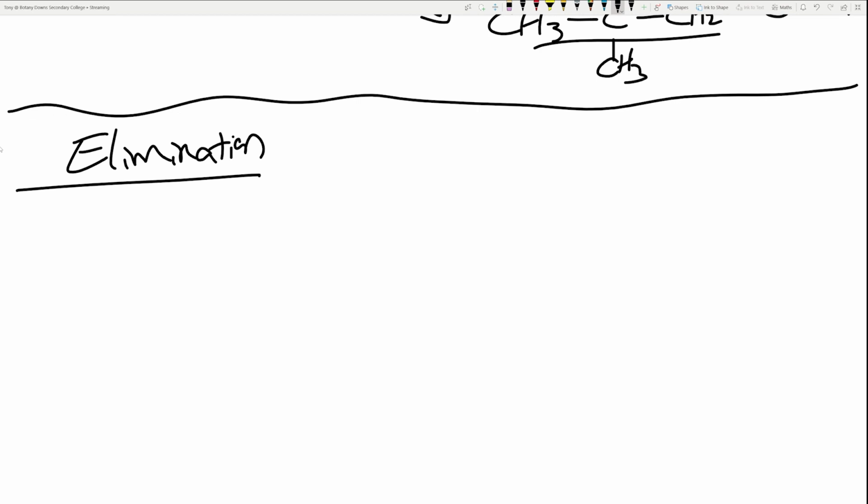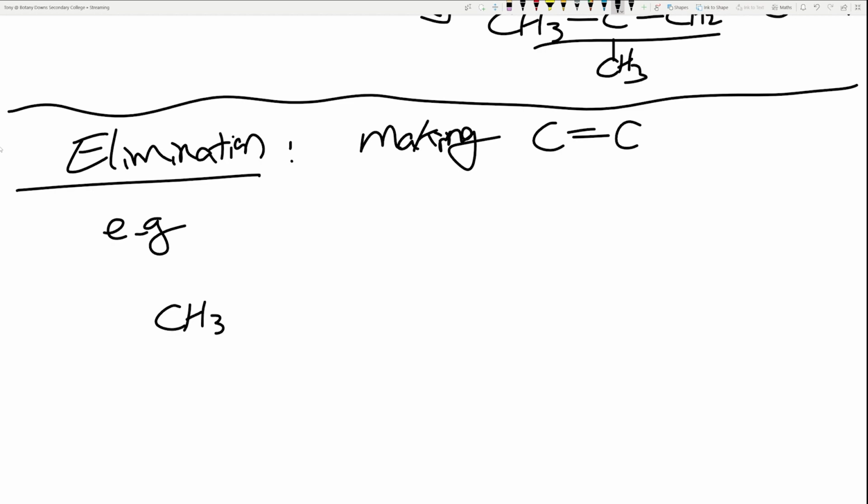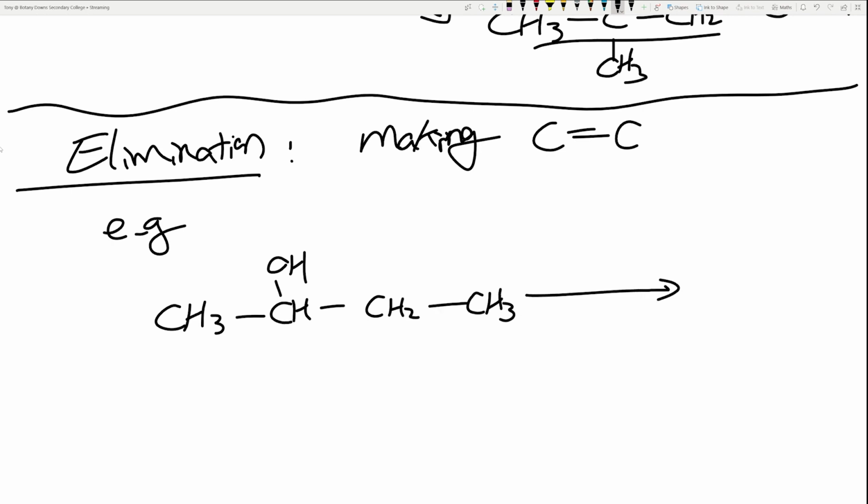With the elimination, again, this is making a CC double bond. For example, if I have an alcohol that looks like that, CH3, CH(OH), CH2, CH3, butan-2-ol, then this is the ingredient we need: concentrated H2SO4, and it has to be this guy.